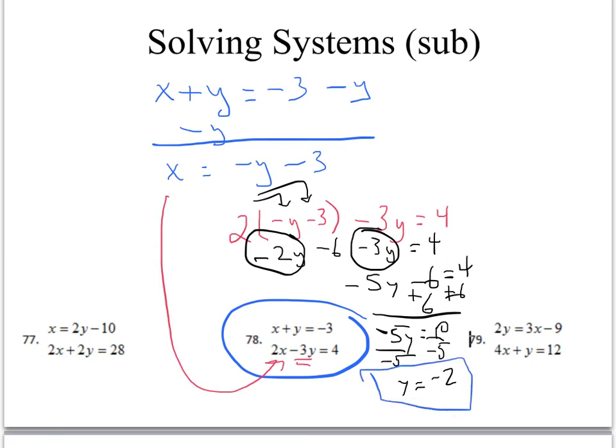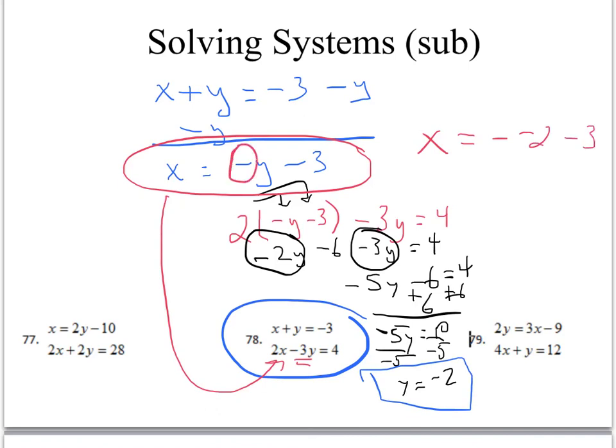in this case y, it's really easy to find my x. All I have to do is take this equation up here that I'm just circling, x equals -y minus 3, and I'm going to plug in -2 for y to solve for x. So x equals -(-2) minus 3. You have to be really careful with our signage here.